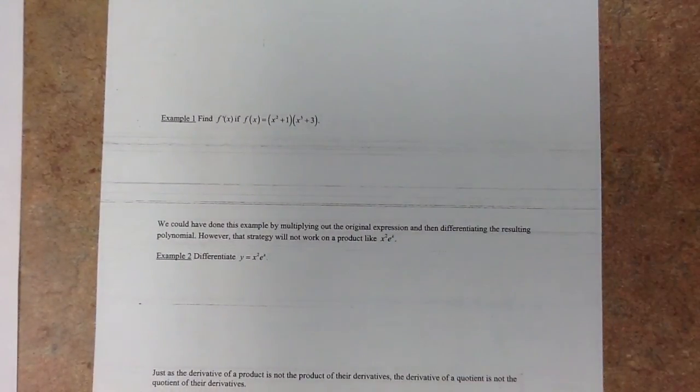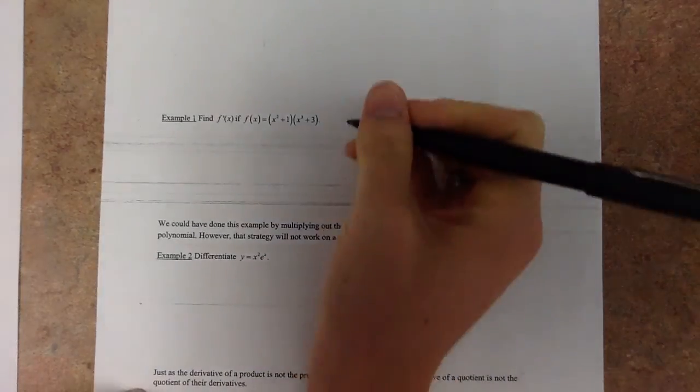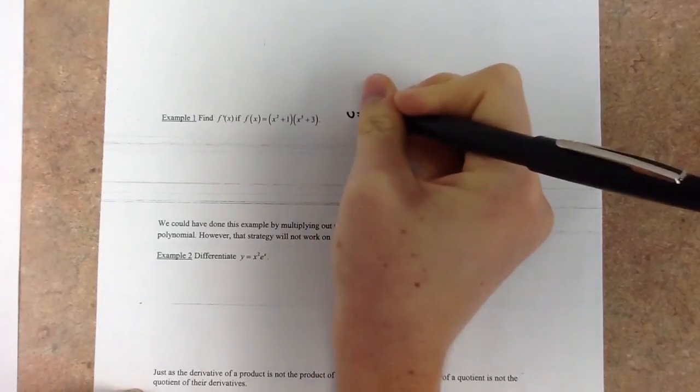So let's look at this first example. We want to find the derivative if f of x is the product of those two things. Now notice, there is something we could do to verify that our product rule is working. We could FOIL it out, which is something that we did in the previous set of notes. But for now, I might as well. Here's what I would like to get you in the habit of doing.